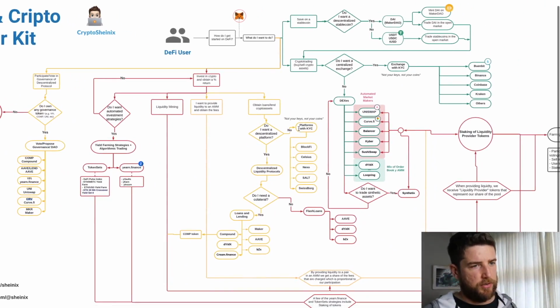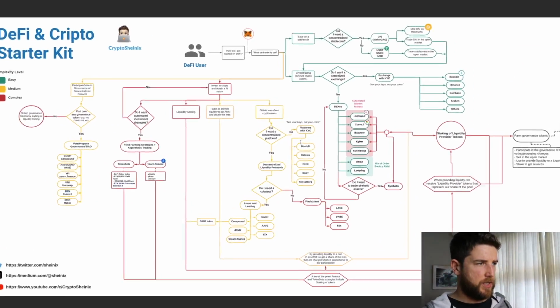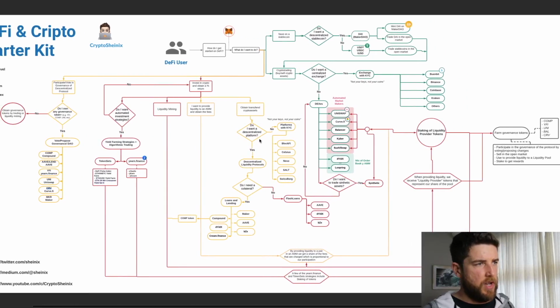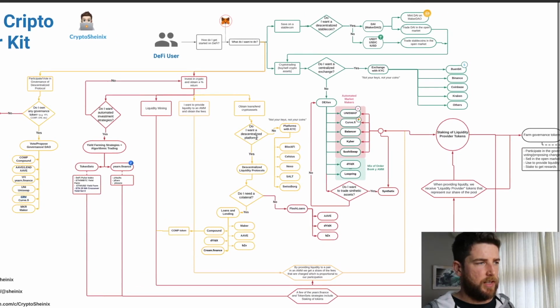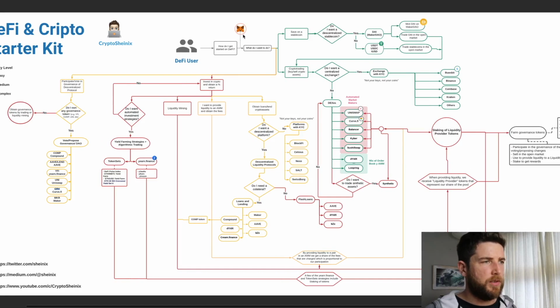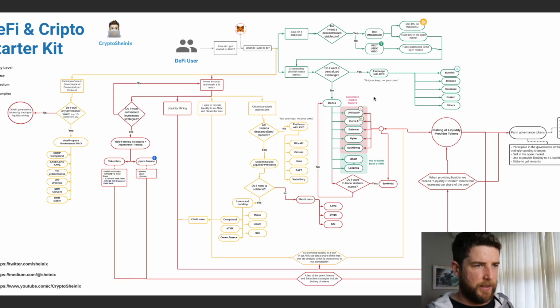So all in all, it is a lot. I know there is a lot to take in, especially if you don't know about DeFi and you're seeing this for the first time. But you need to understand that this is a step-by-step process, and when you enter DeFi, you usually enter with a stablecoin just to be sure that you're not losing money. And then you need to understand a little bit further what a decentralized exchange and money markets like loans and lending are.